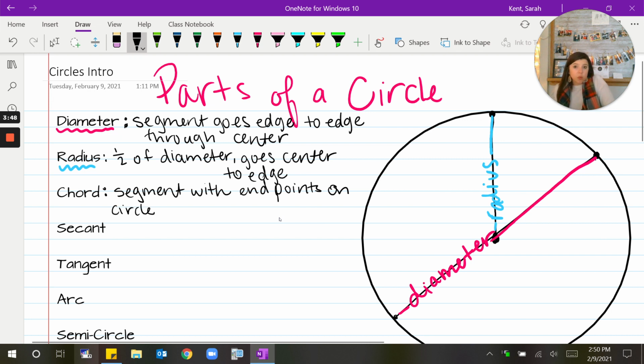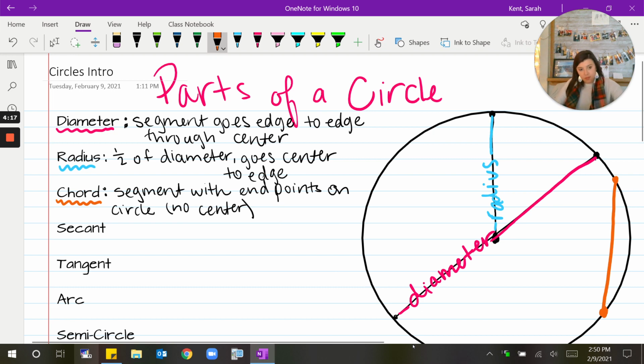So it's very similar to a diameter, except the chord has no center. It does not go through the middle. So a chord would look something like this, where it's going from edge to edge, but it doesn't go through the middle. So that is our chord. So it's edge to edge, not through the center.